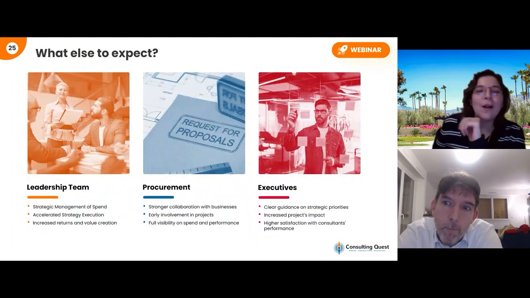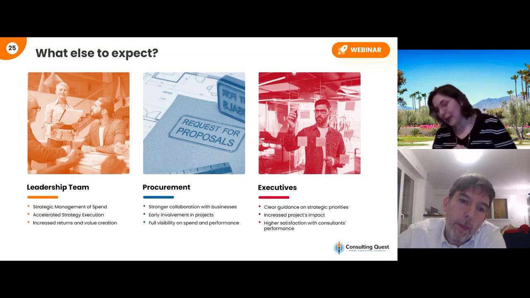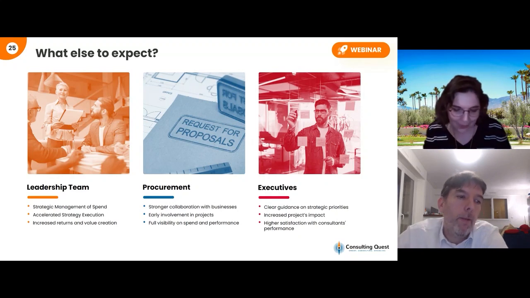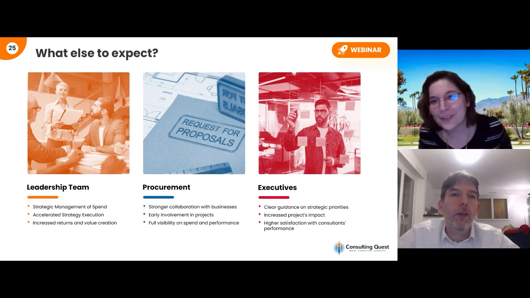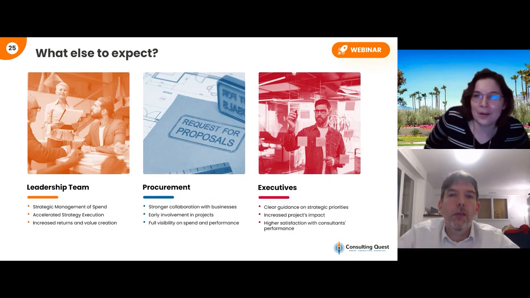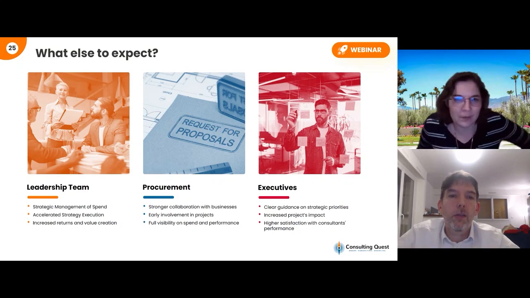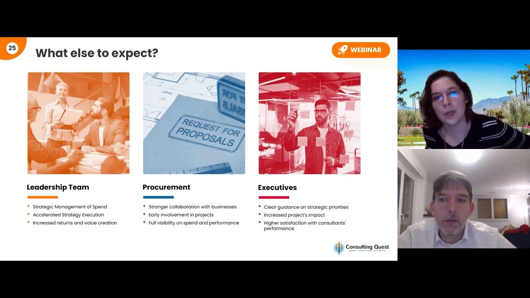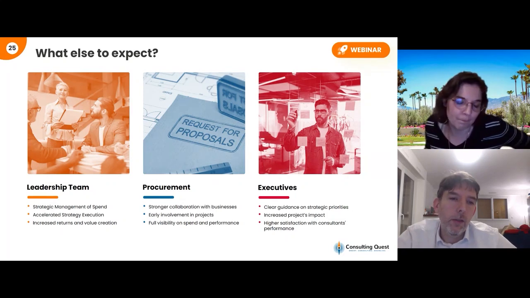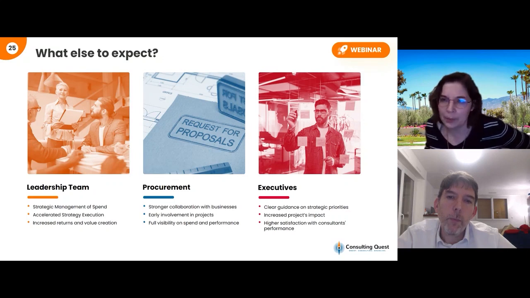But there are other things that we can expect too. We talk a lot about ROI, of course, as the webinar is about how to maximize the ROI of your consulting spend, but there are other benefits to implementing such a methodology, and one of these benefits is collaboration. It's collaboration with the business lines for procurement, but it's also a better relationship with your consultants.